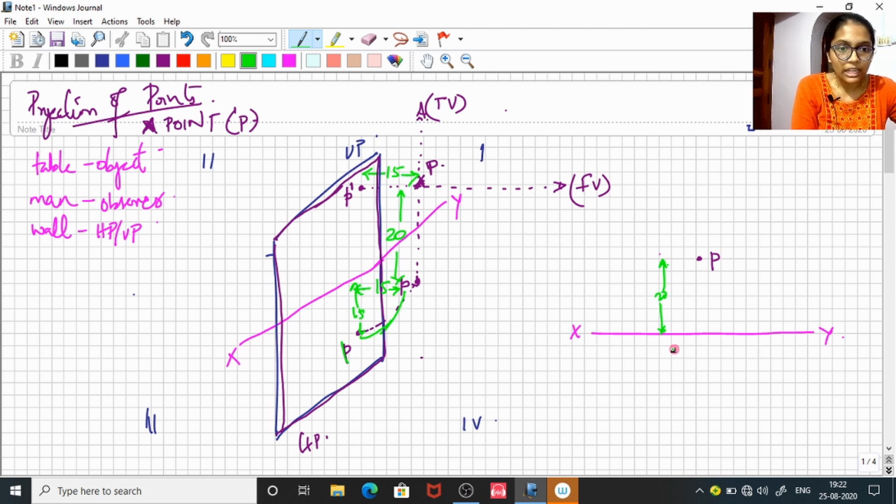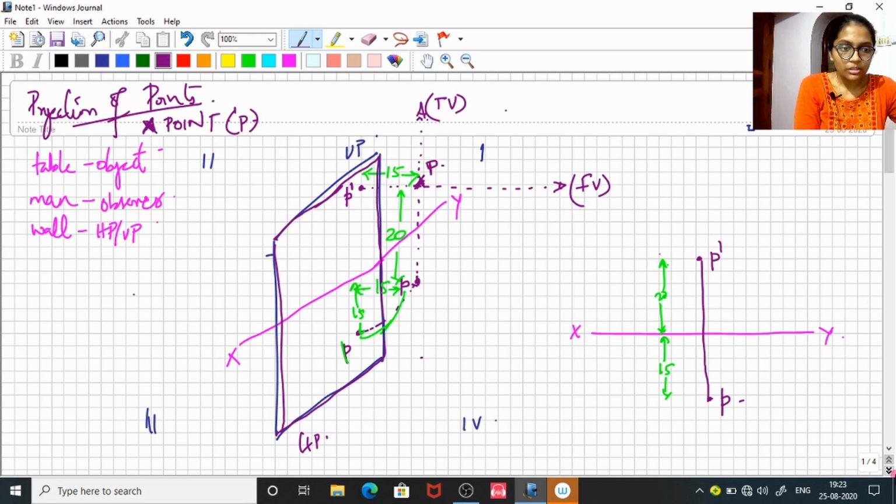So from XY line, I make a 15 millimeter distance below XY line, and at that particular point, I am going to mark our top view. Okay, for front view we have to put P dash, and for top view we have to put simply small letter p. Later on you have to join these positions P dash and p. So this is your alternative method to draw your orthographic projection of point kept on the first quadrant.